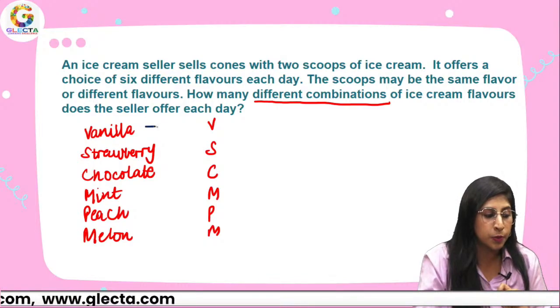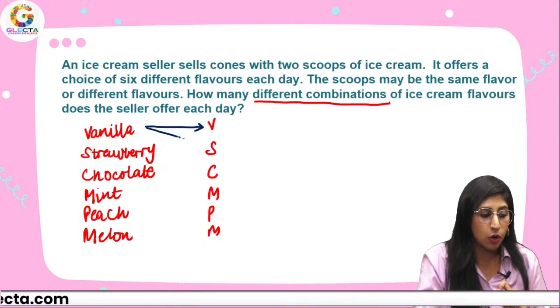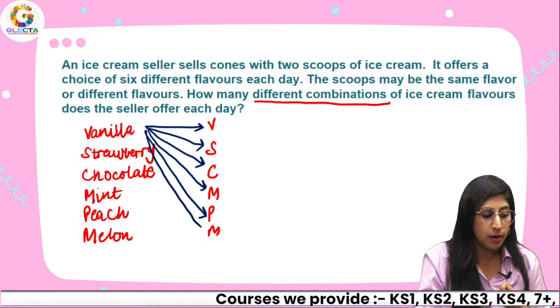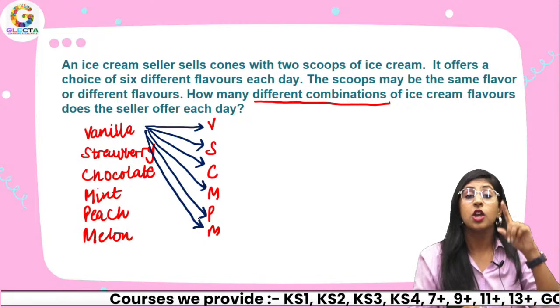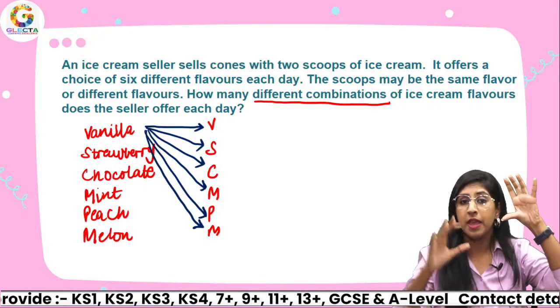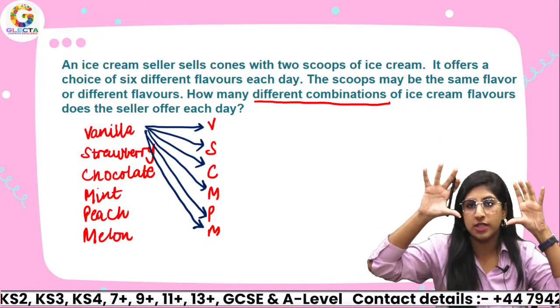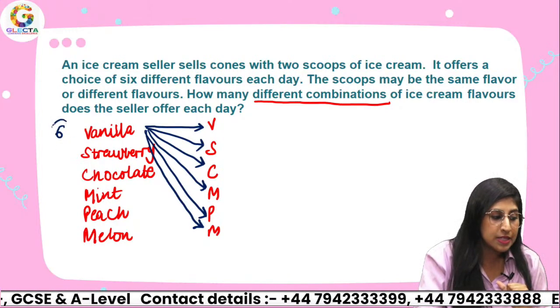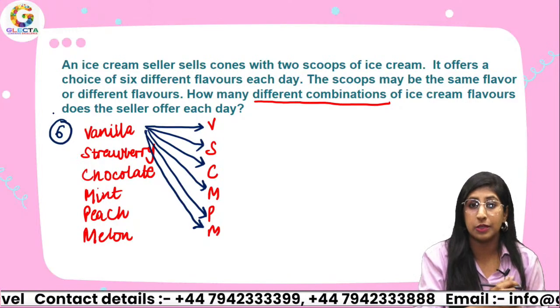My second scoop could be vanilla again, or strawberry, or chocolate, or mint, or peach, or melon. So when I'm fixing the first choice as vanilla, I have 6 different choices for the second scoop. So along with vanilla, 6 combinations are possible.